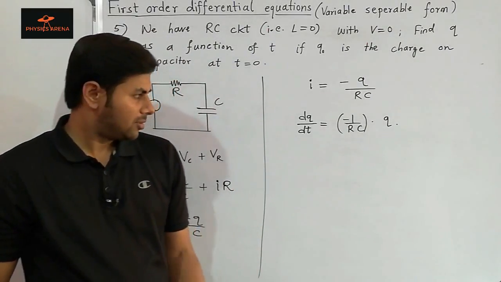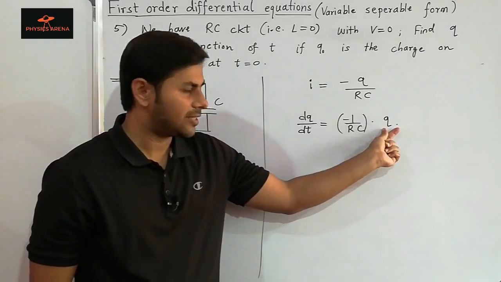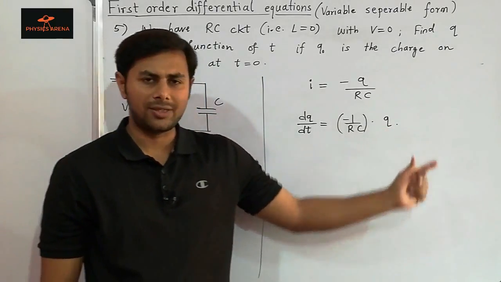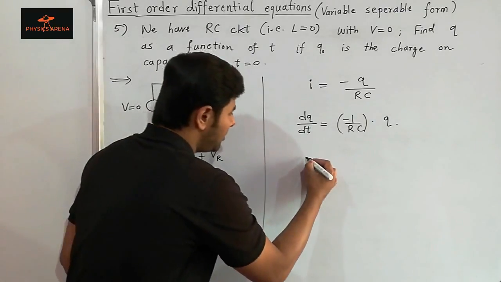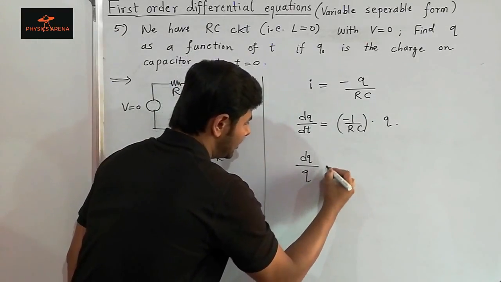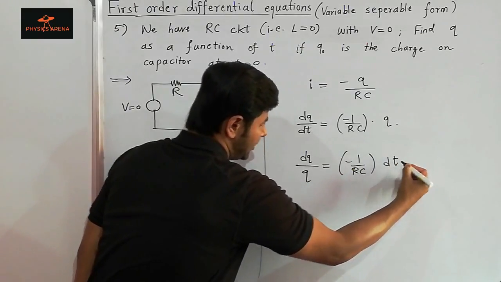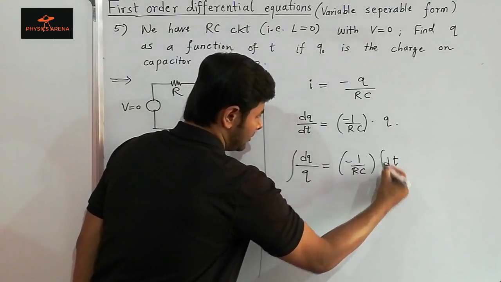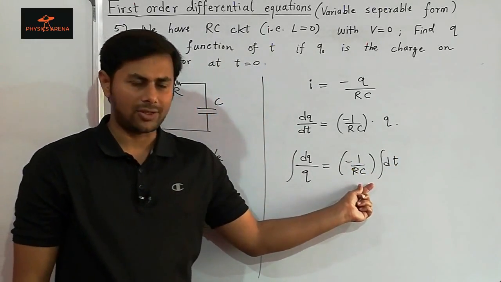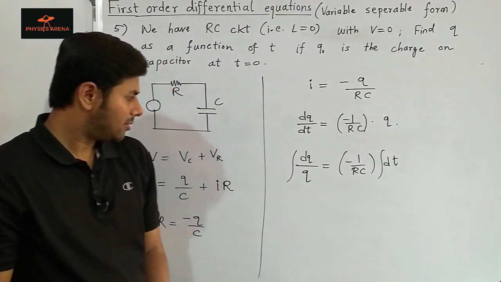Okay. Now let's apply the separation of variables. So let's take Q on this side, dt on the other side. It's similar to the last problem. So we have dQ over Q equals minus 1 over RC times dt, and let's integrate. So this RC is a constant; I have kept it outside the integral.